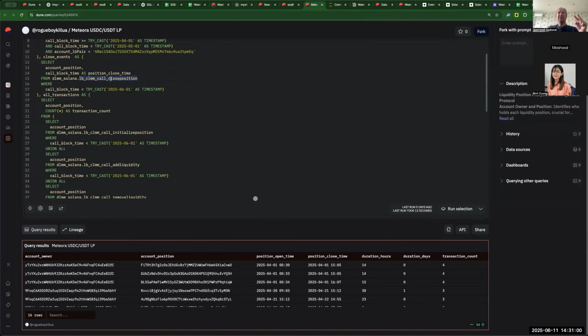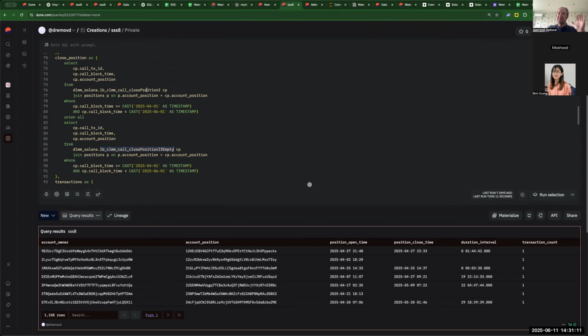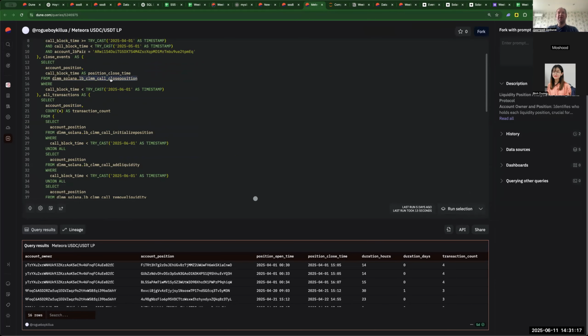And here we see only close position, which I think is the old one, not used so often right now. Let's just try replacing close position with close position 2 and see if it improves or not. But can I just run it?